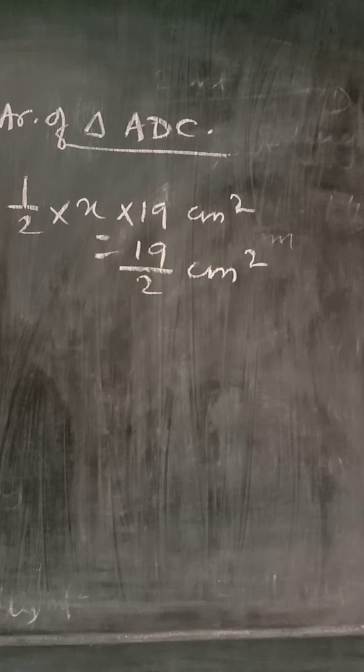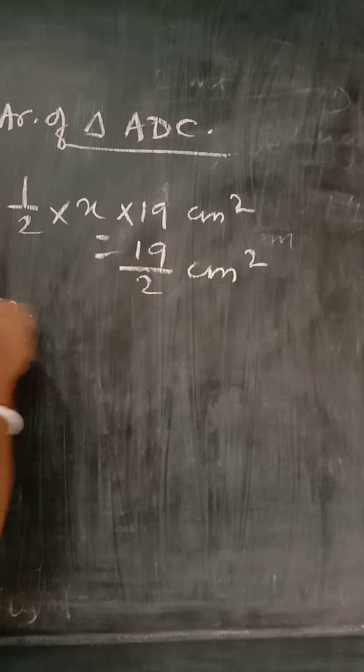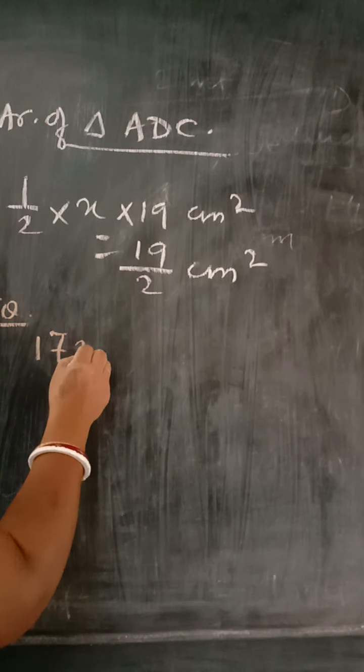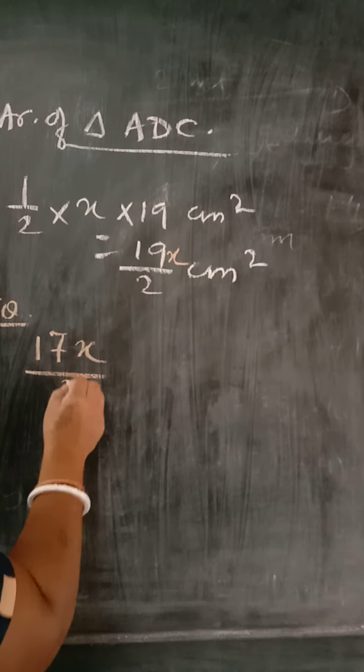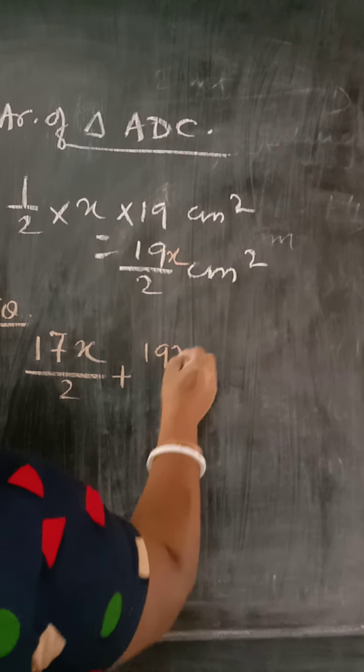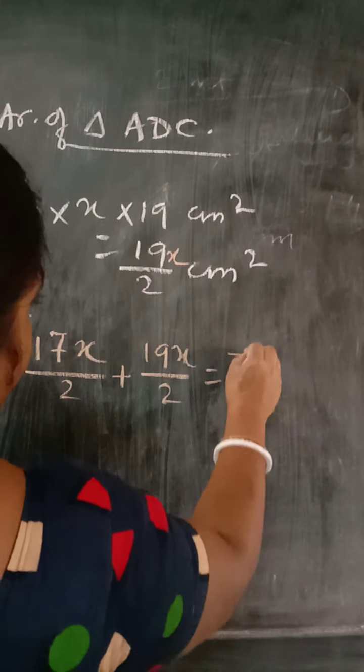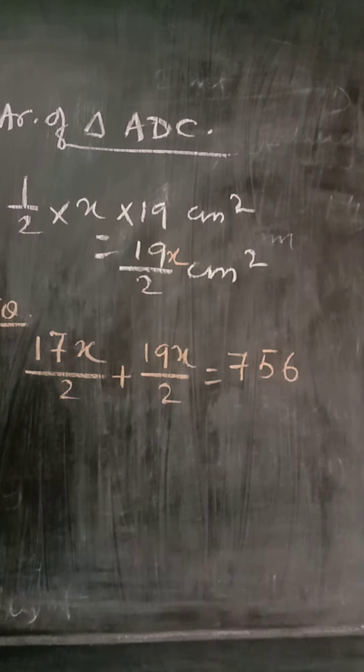which is 756 centimeters square. So let us add both the areas. According to the question, 17x by 2 plus 19x by 2 is equal to 756.